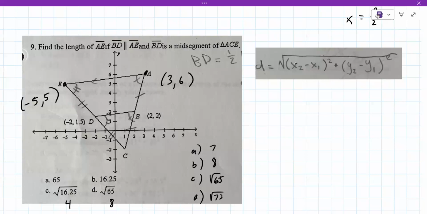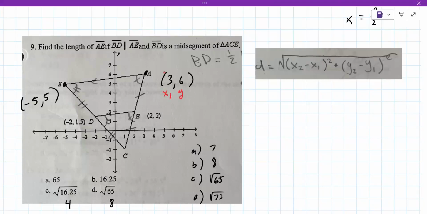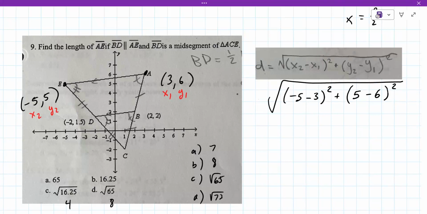And you've written the formula correctly. It's good to sometimes label like, okay, this is X1 and this is Y1, X2 and Y2. And then you're substituting them into the formula there: the square root of -5 minus 3 squared plus -5 minus 6 squared.